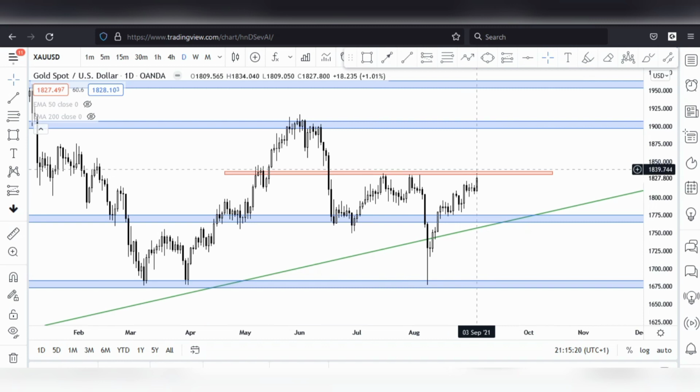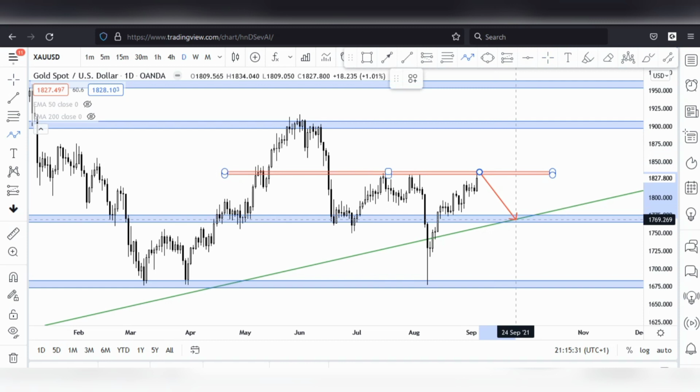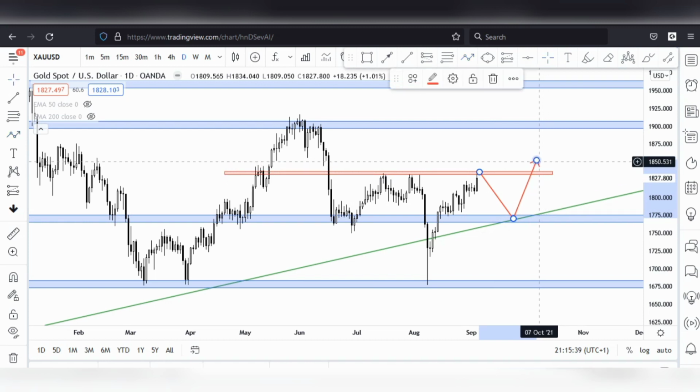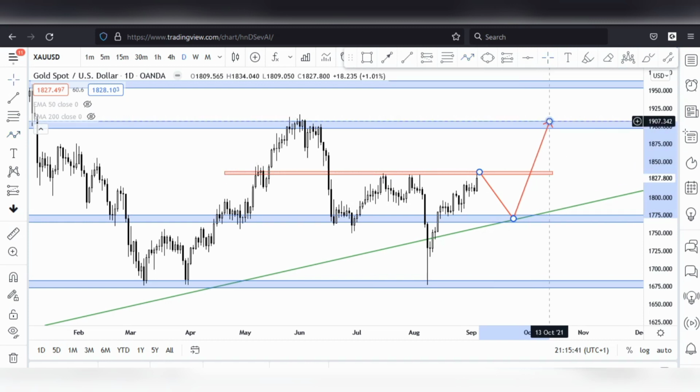So now two things can happen here. So we can either wait for price to come down here to test this trend line again, as well as this support level, then all the way back up, break this resistance level and all the way to the top.